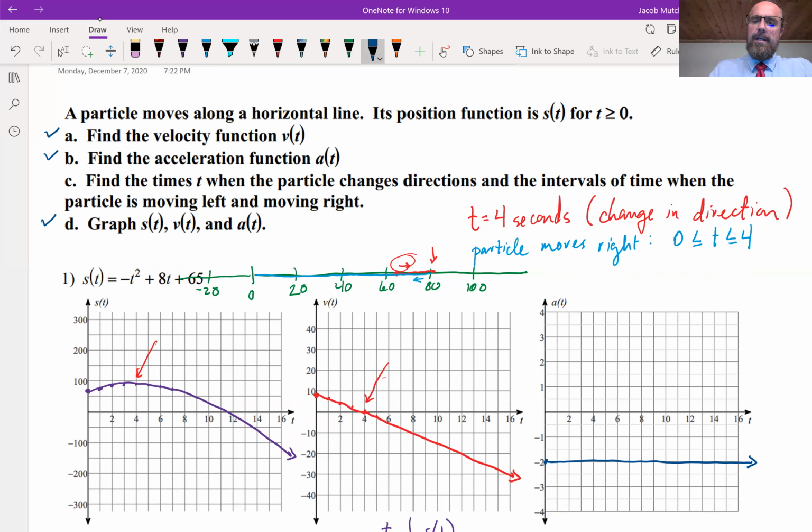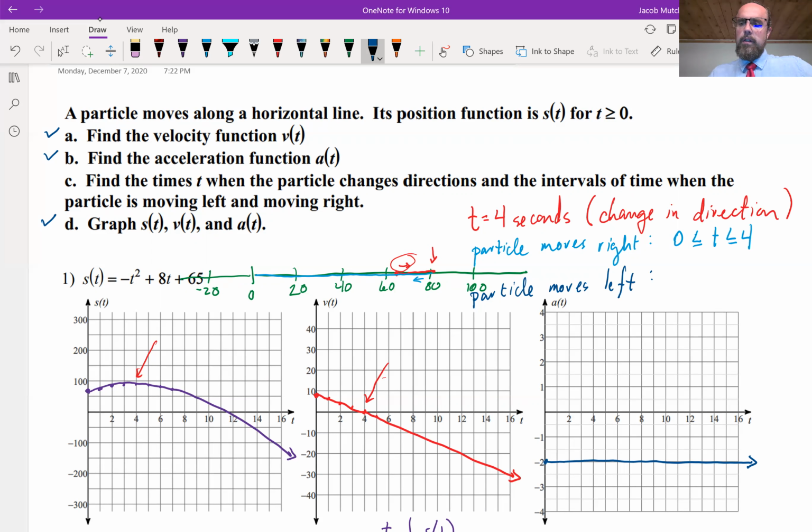And to finish this out, to say when the particle is moving to the left, that is when the velocity of this function is negative. It's moving in the opposite direction from its rightward initial movement.